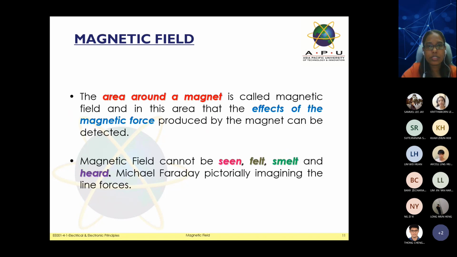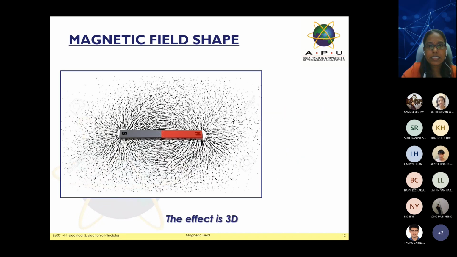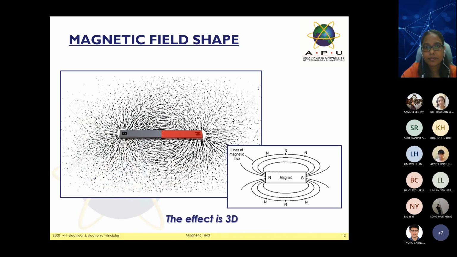Let me go with the diagrams here. Just have a look at this diagram of the magnetic field shape. Here we have the bar magnet, with the north and the south at the sides of the bar.